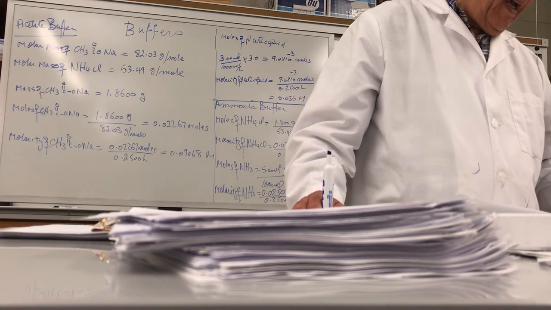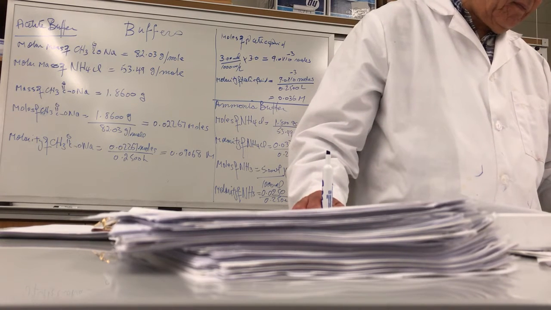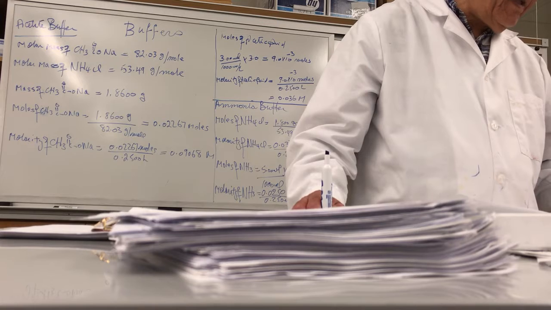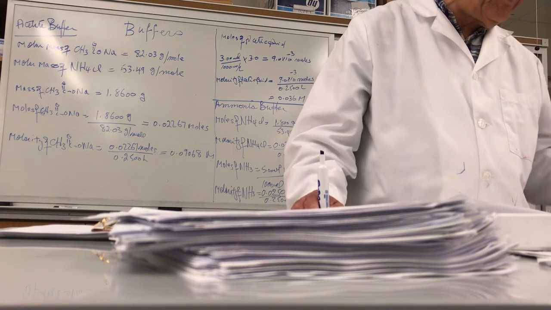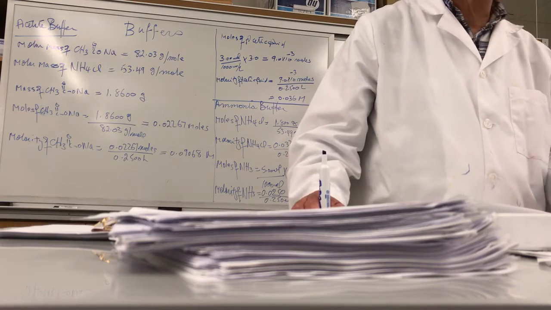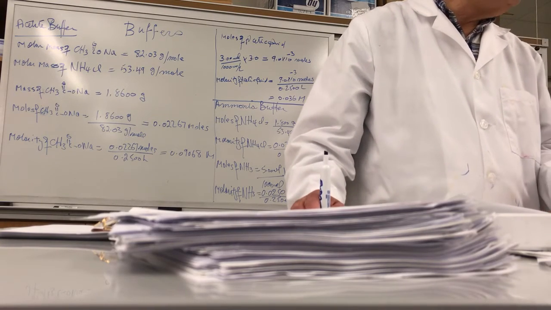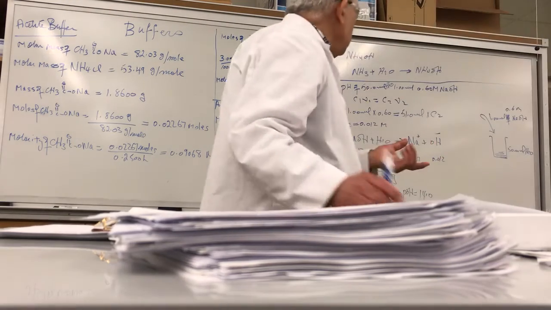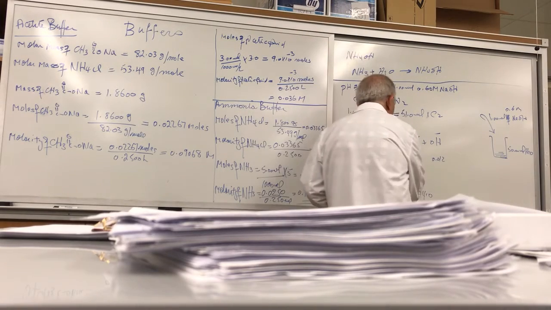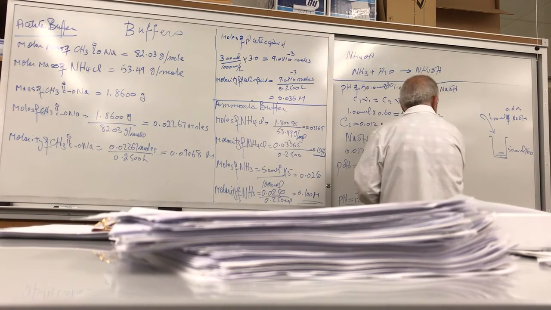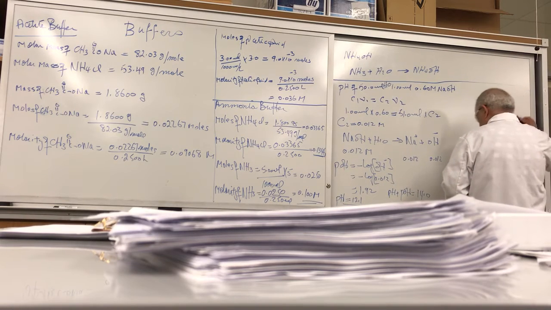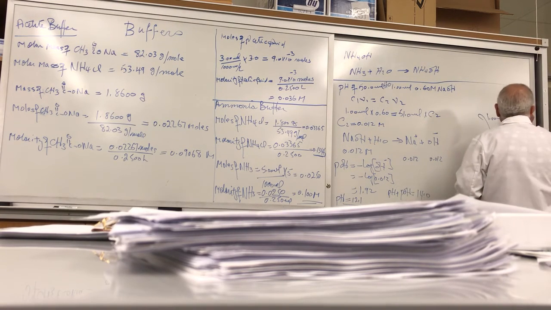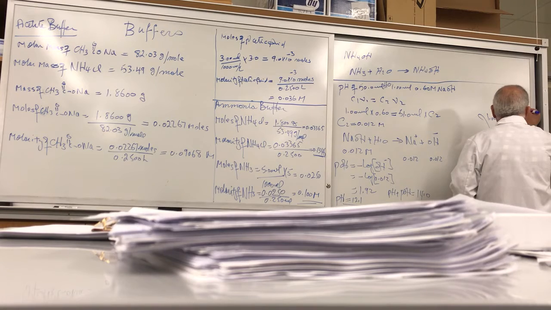Now the second question is the pH of 50 milliliter of water plus 1 milliliter of 0.6 molar HCl. Now, instead of adding sodium hydroxide, we add 0.60 molar HCl.